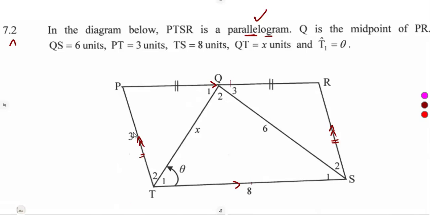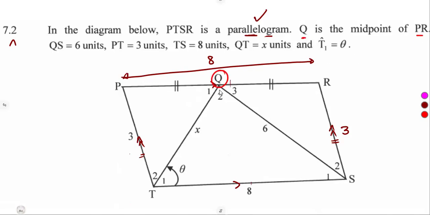So as we are given that this is 3, it also follows this is also 3 units. If the whole of this line TS is 8, it means the whole of this line PR is going to be 8 units as well. But in this case, we are given that Q is the midpoint of PR.